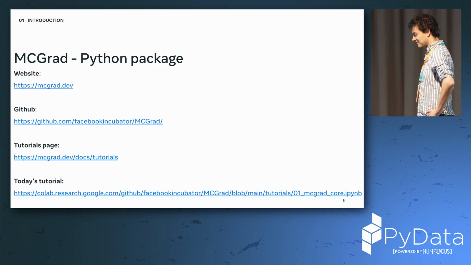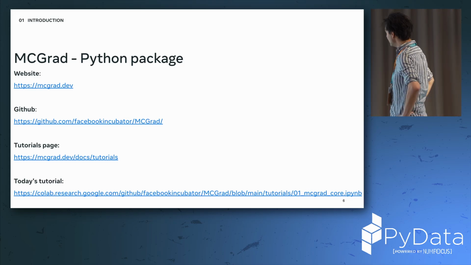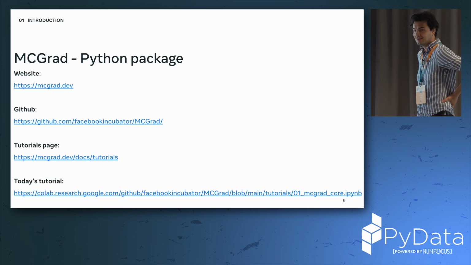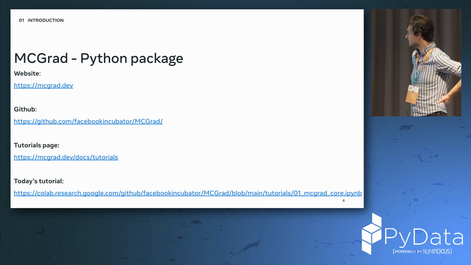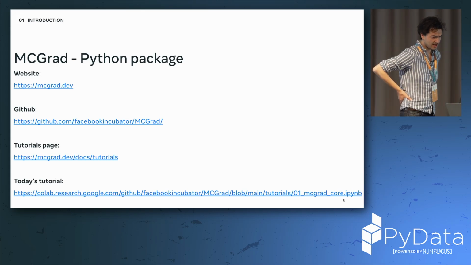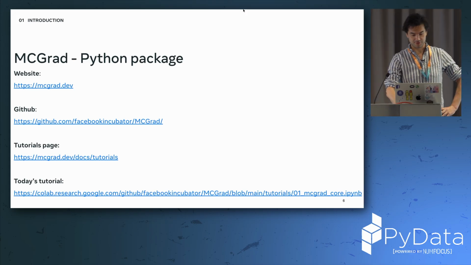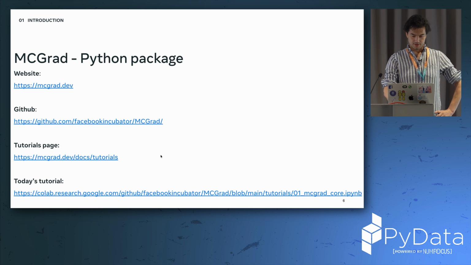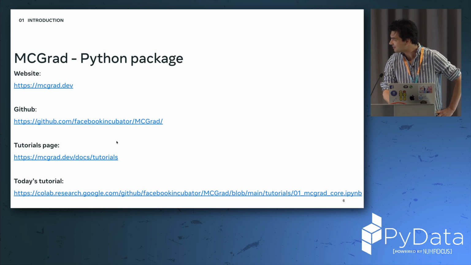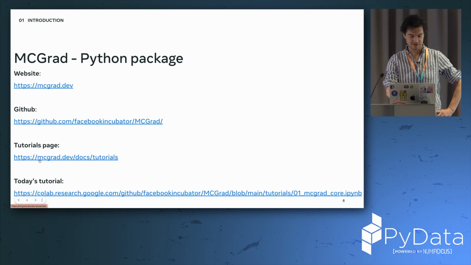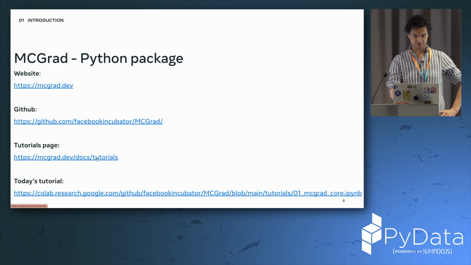We'll try to keep this hands-on and in tutorial format. So we have a Google Colab notebook. I have a link here at the bottom, but it's quite long, so you probably don't want to type all that. There's also a tutorials page, which is mcgrad.dev/docs/tutorials.